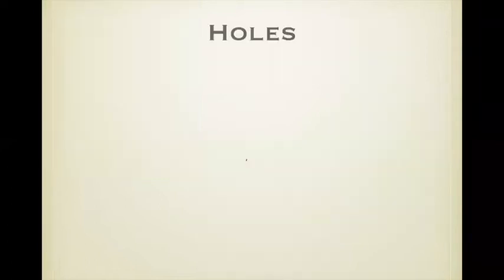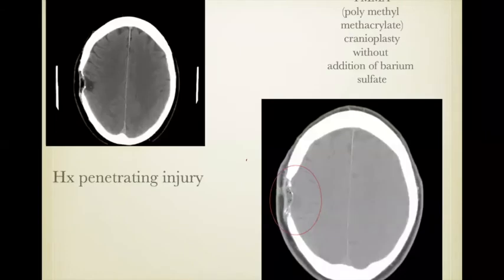So I showed you some examples of things that will thin the skull. Now let's move on to holes in the skull. In that same concept of replacing parts of the skull, which is called a cranioplasty, here we see this patient had penetrating injury.